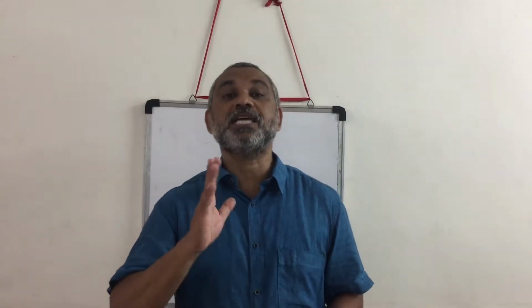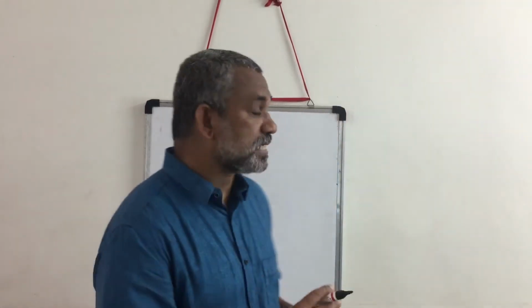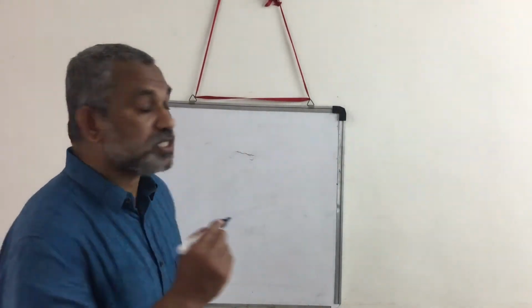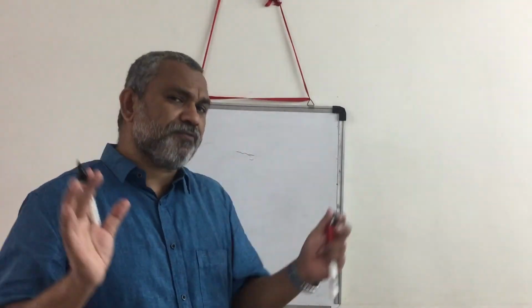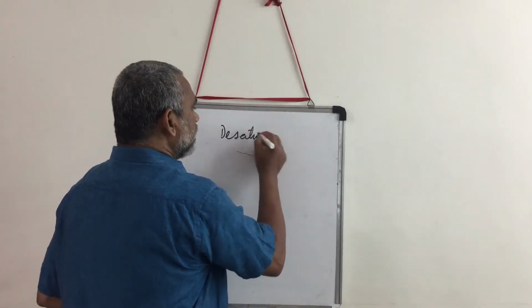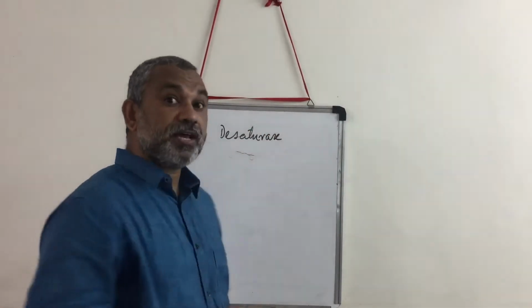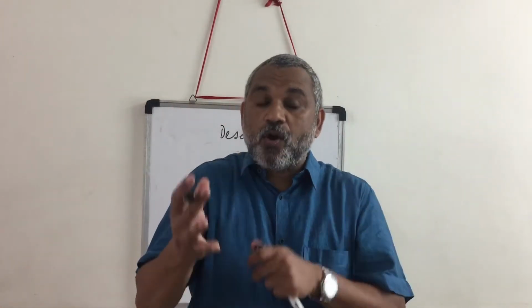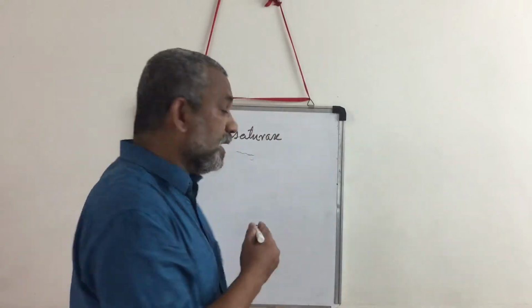How are these unsaturated fatty acids synthesized? These fatty acids are synthesized by using a complex of enzymes known as desaturase. There are different types of desaturases depending on where a double bond can be created.